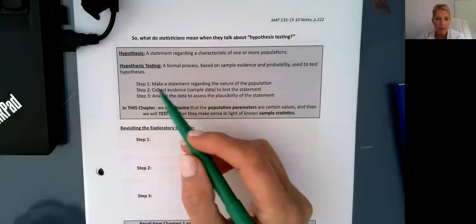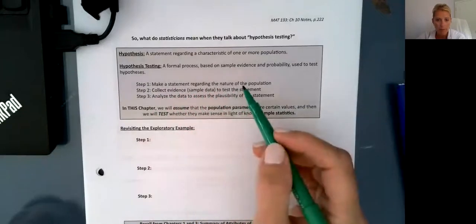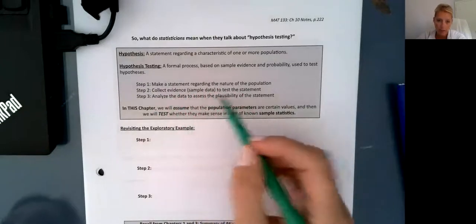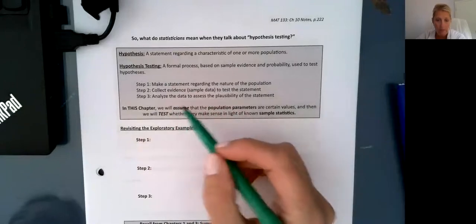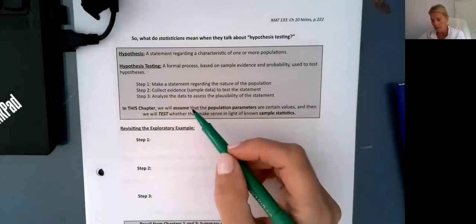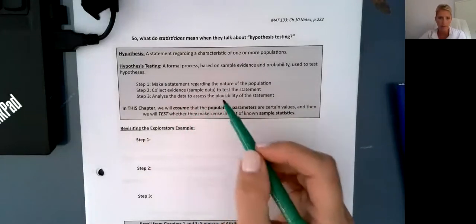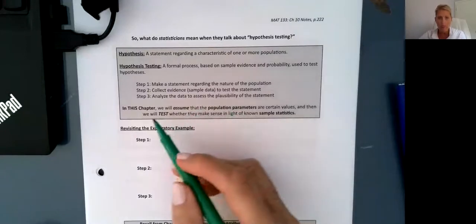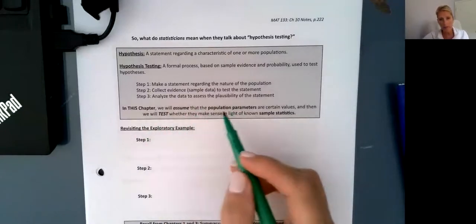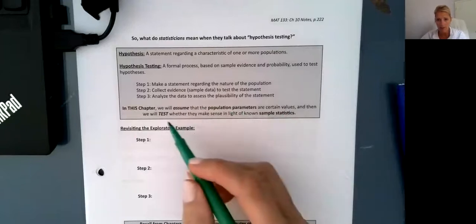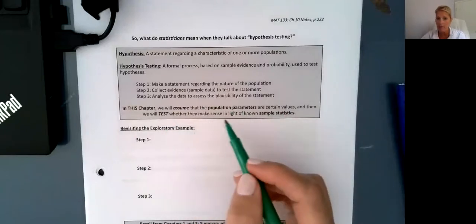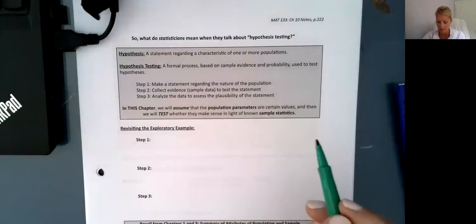A couple steps here are making a statement regarding the nature of the population. We're going to then collect some evidence or data, and then we're going to analyze the plausibility of our evidence in our statement. So in this chapter, we will assume that the population parameters are certain values, and then we are going to test whether they make sense in light of known sample statistics.